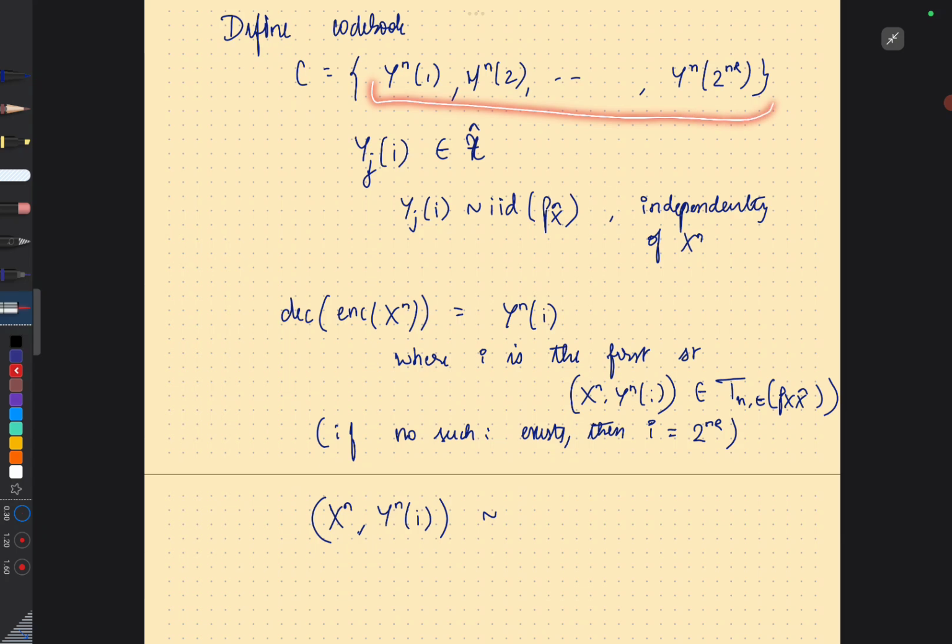You have yn of 1, yn of 2, up to yn of 2 to the nR. It is the first sequence in this code book such that xn, yn of i belongs to this typical set.